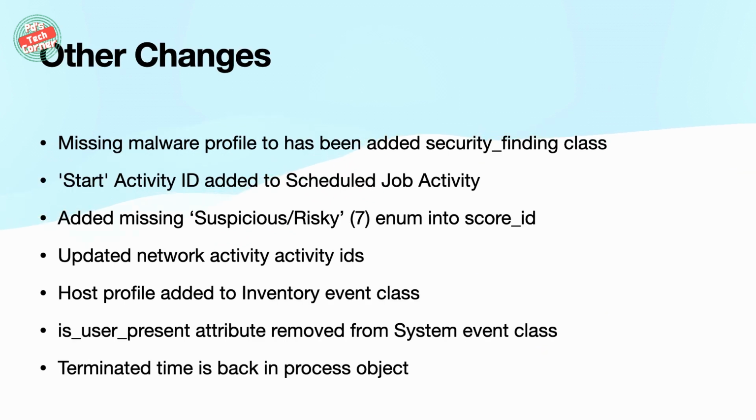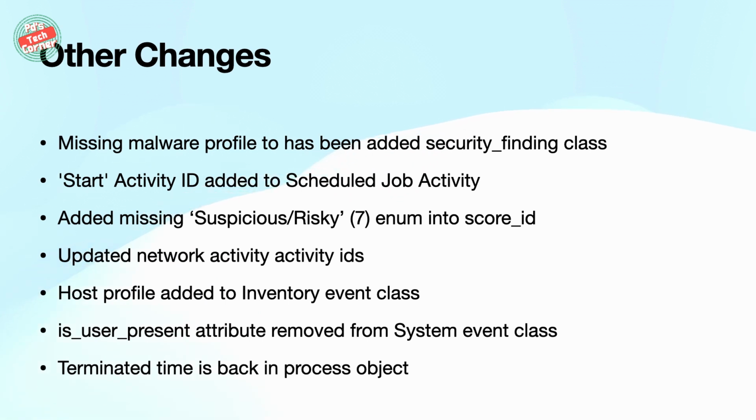Other changes that I saw which were not that large were, for example, a malware profile has been added to the security finding class, which was not there. The activity ID of scheduled job activity has been extended to include start, which was not part of it earlier. Then it was more of a correction when we added suspicious or risky scenario into the score ID enum.